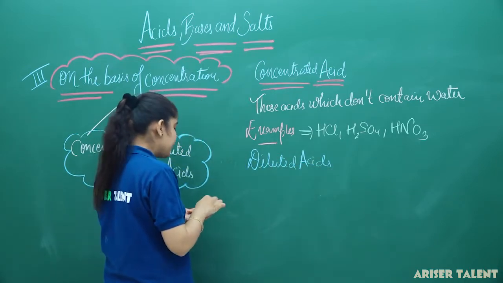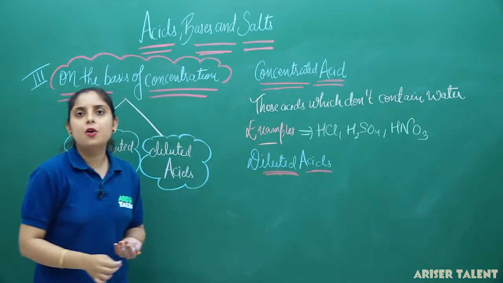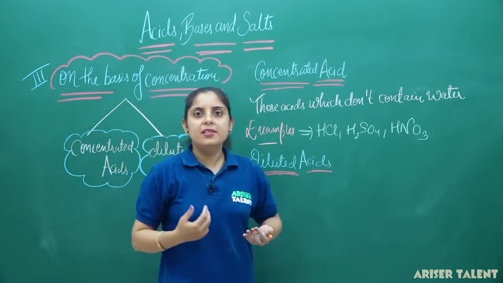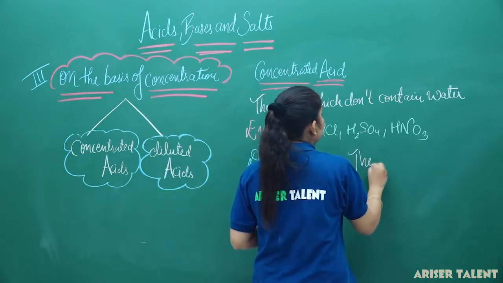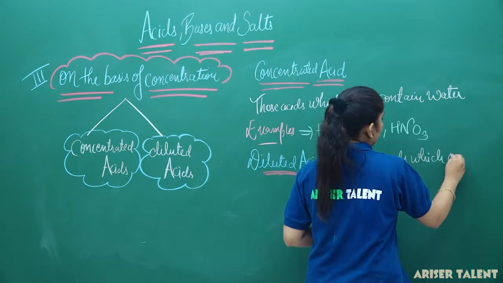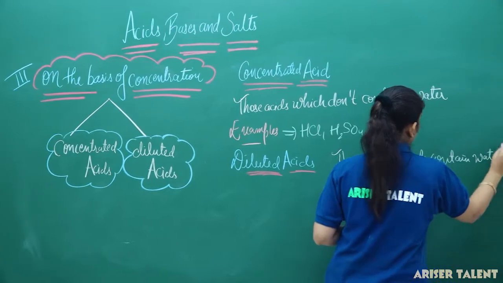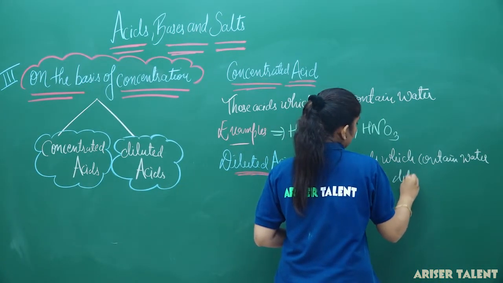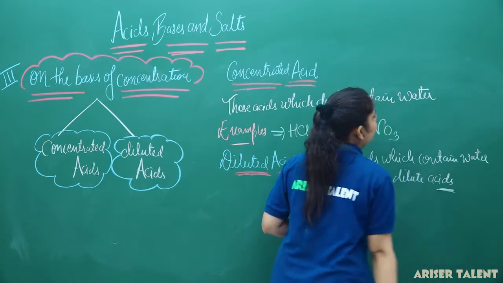The second category is diluted acids. Now what are diluted acids? Diluted acids are those in which the water is mixed along with the acid, and if they contain large quantity of the water, you have done its dilution. Clear? So the acids which contain water are called dilute acids.